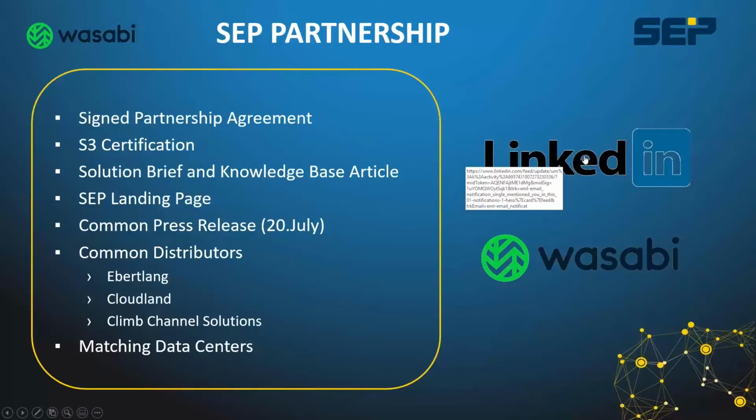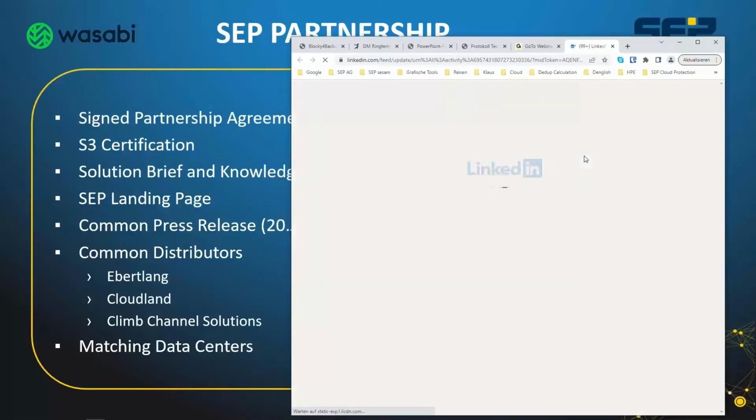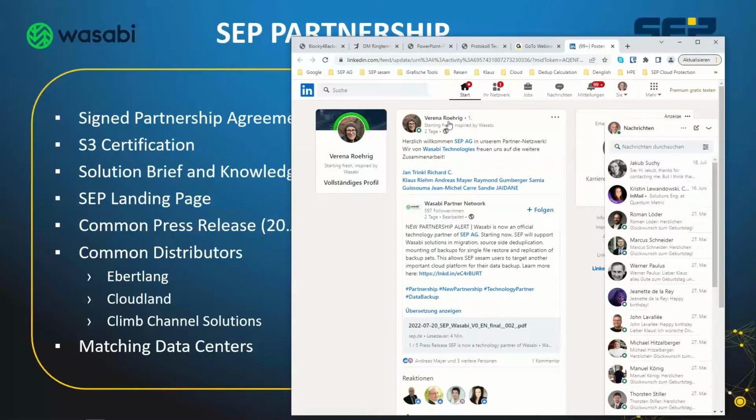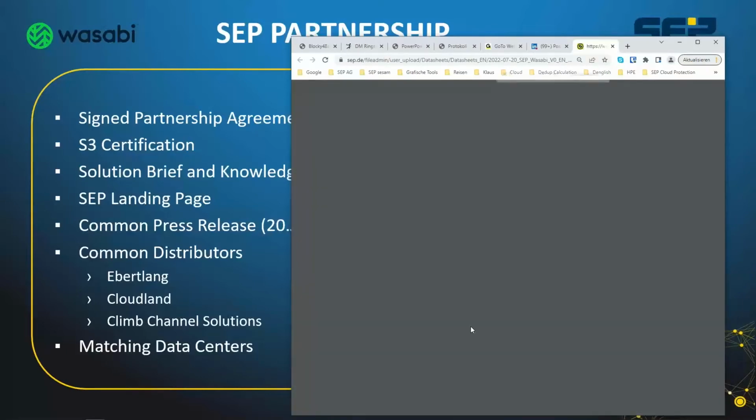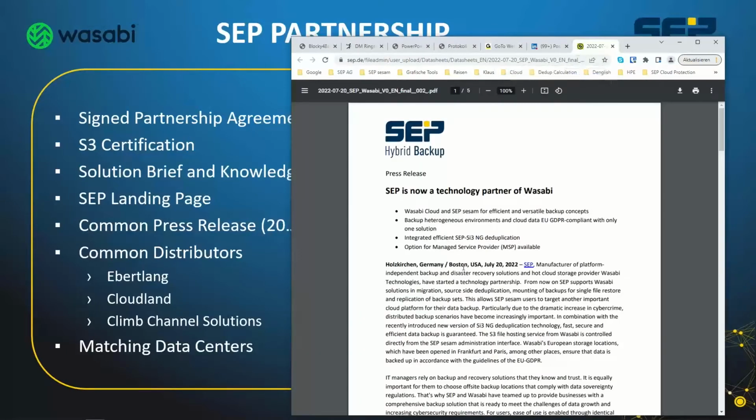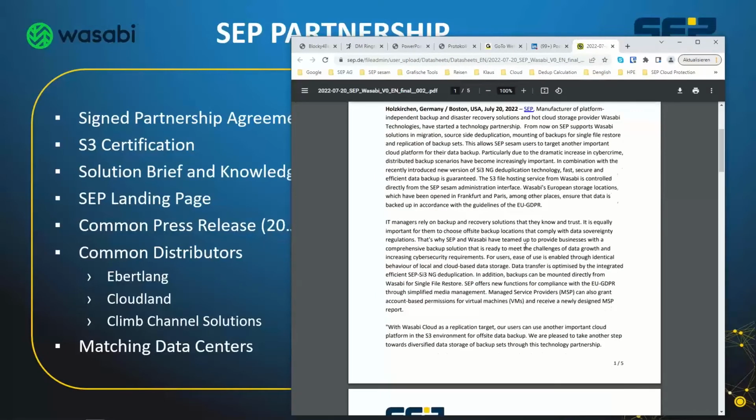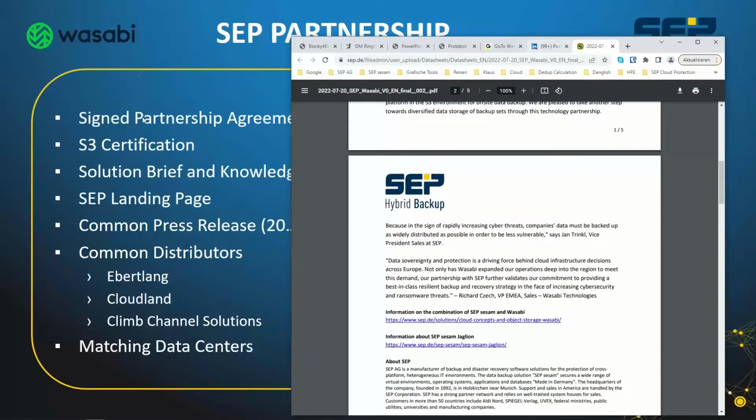Here on LinkedIn, you can see Verena, she's our alliance manager from Wasabi, who has provided the joint press release where we describe that we are now entering the market together.